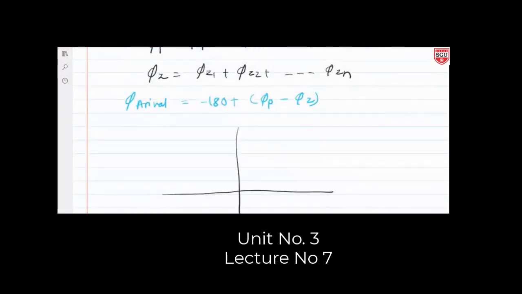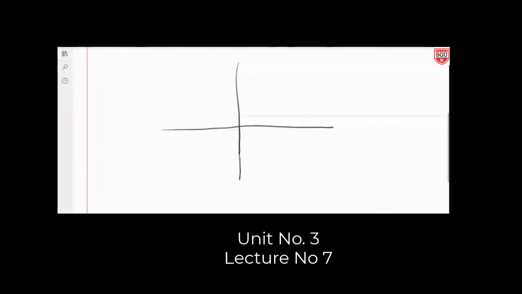So here is the S plane. In this S plane, suppose these are the points 1, 2, 3 and -1, -2, -3, -4. It is a normal graph.